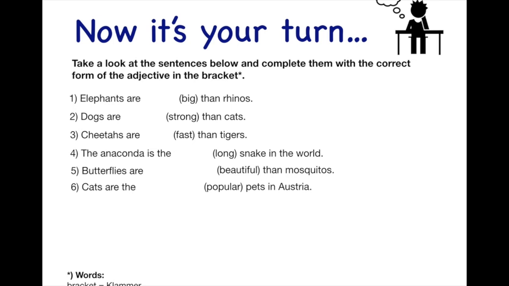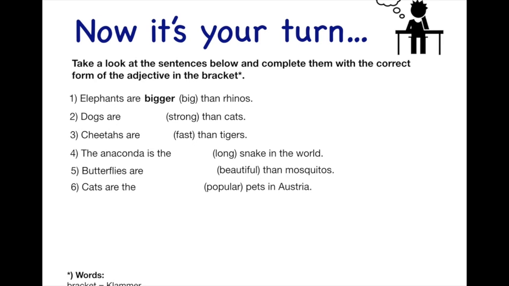First sentence. Elephants are than rhinos. You already know it? Great. Elephants are bigger than rhinos. Second sentence. Dogs are than cats.